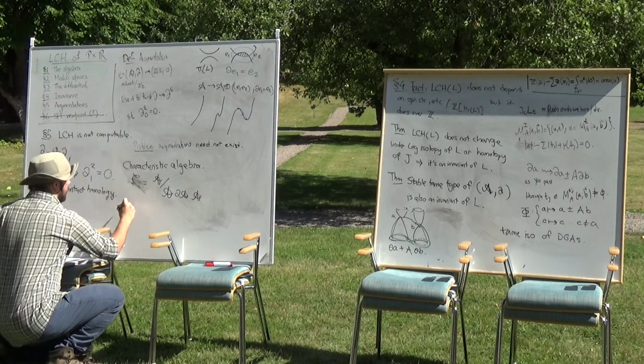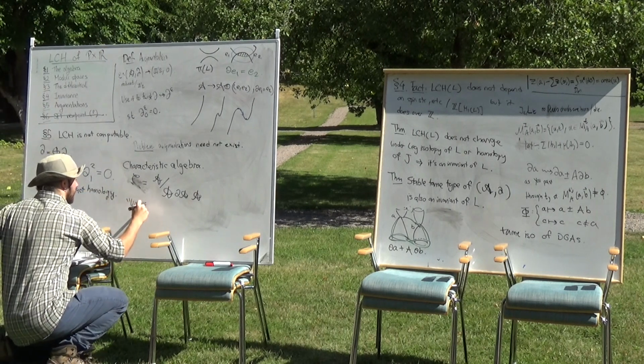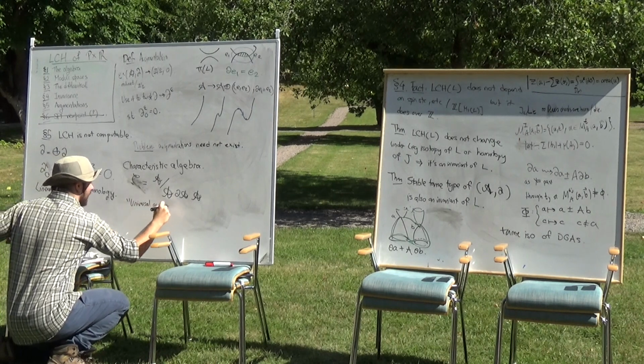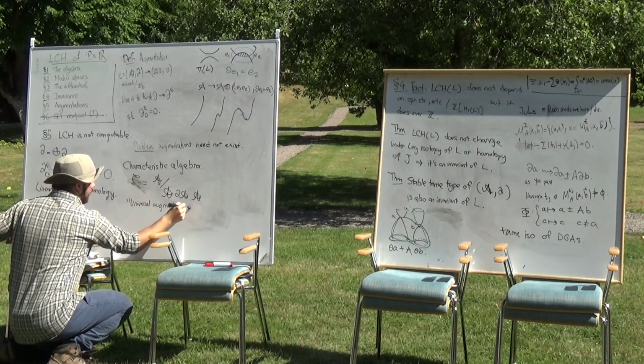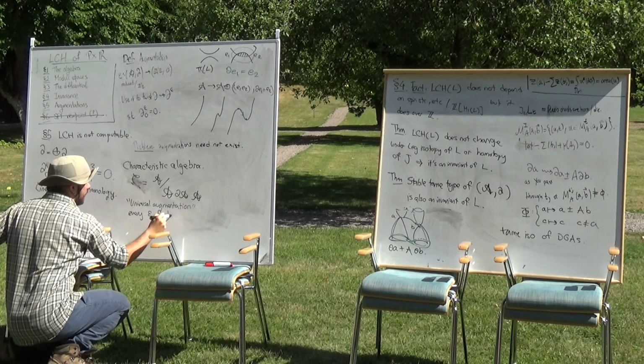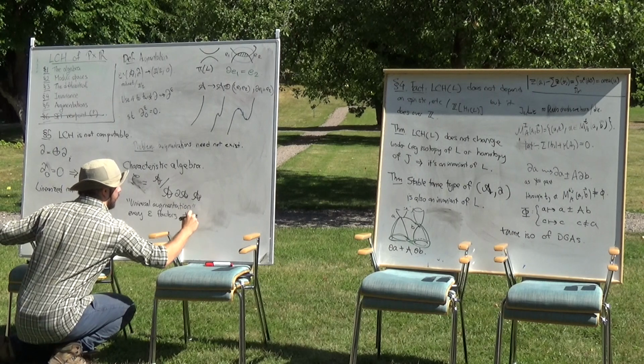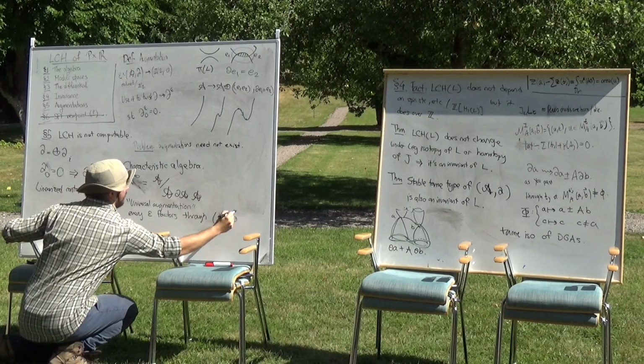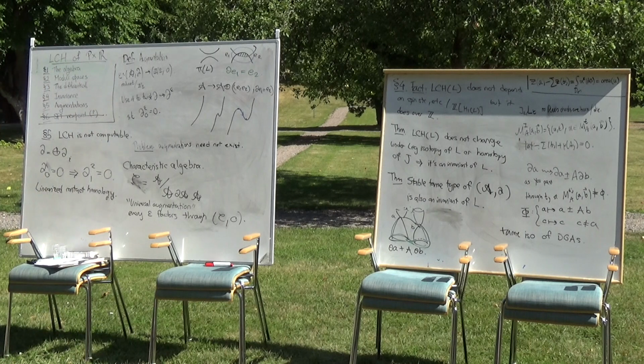You should think of this as a universal augmentation, in the sense that every augmentation epsilon factors through this stupid DGA. It's not an augmentation in that sense, but every augmentation factors through it somehow, and it can be computed if you spend enough time.